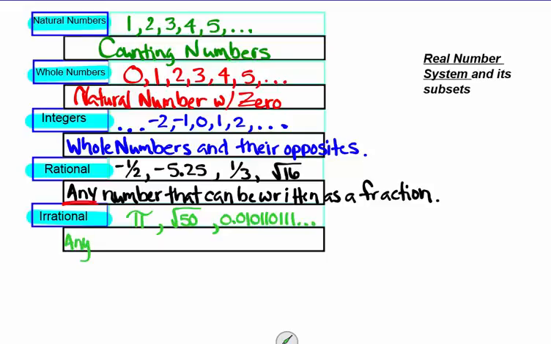It has a pattern, but the decimal doesn't repeat. So an irrational number is any number that cannot be written as a fraction. Remember that irrational numbers are the square roots of non-perfect squares and decimals that go on forever.